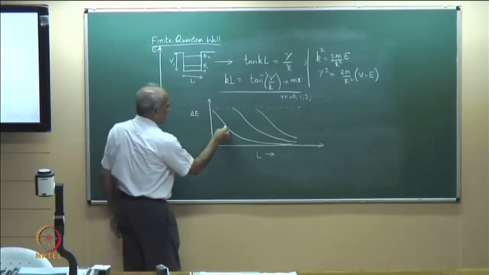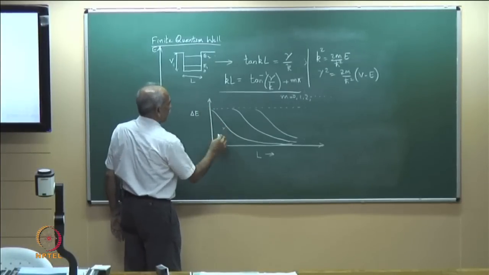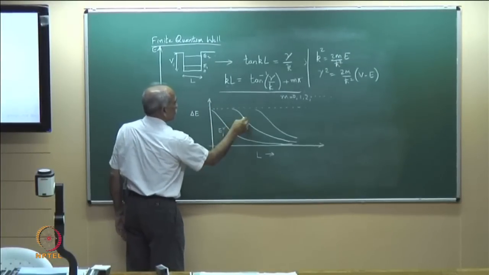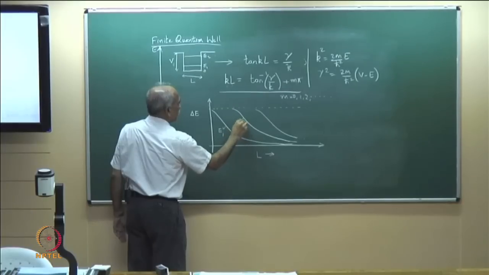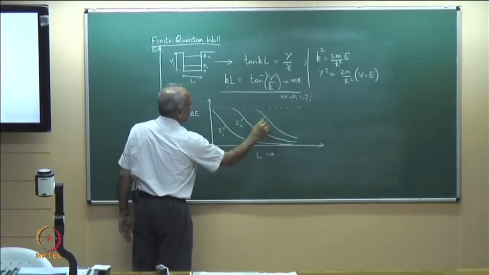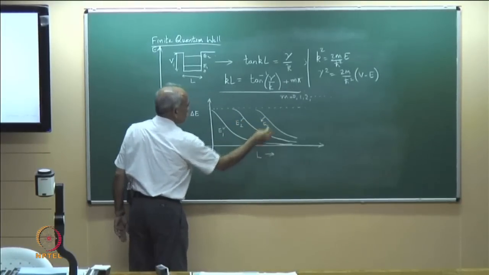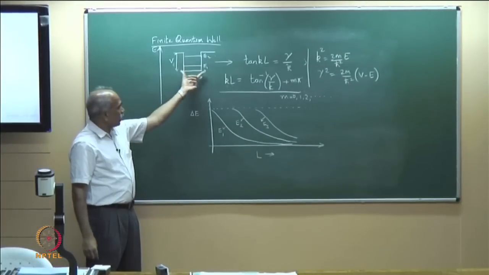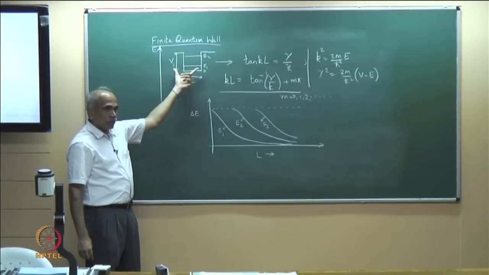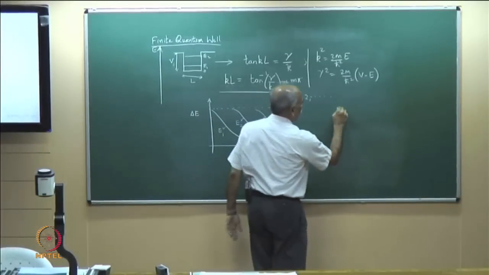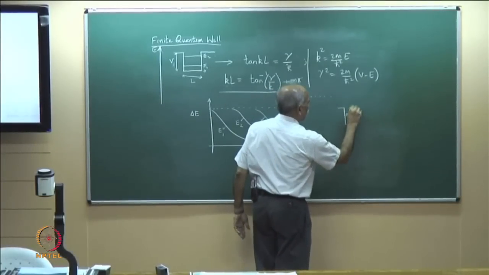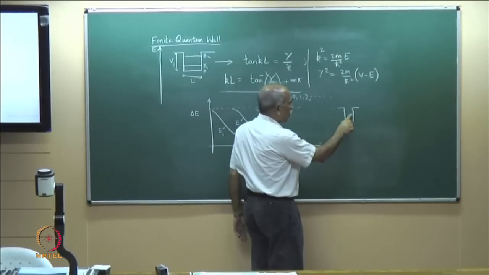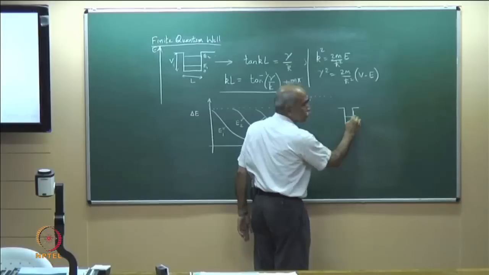What I have plotted is, this is for the first state E1, this is the second state E2 and the third state E3. Variation of E1 with the width of the well. If you have a small well, the width of the well is very small, then this may support only one solution.